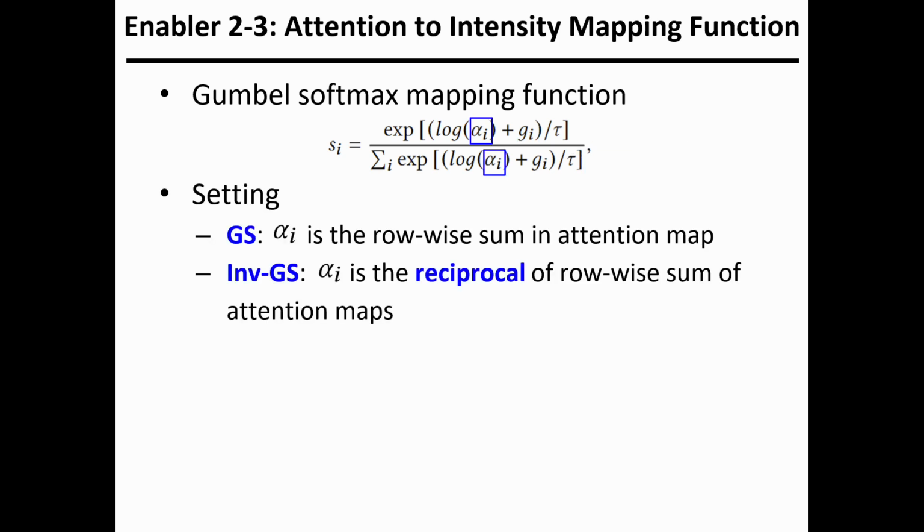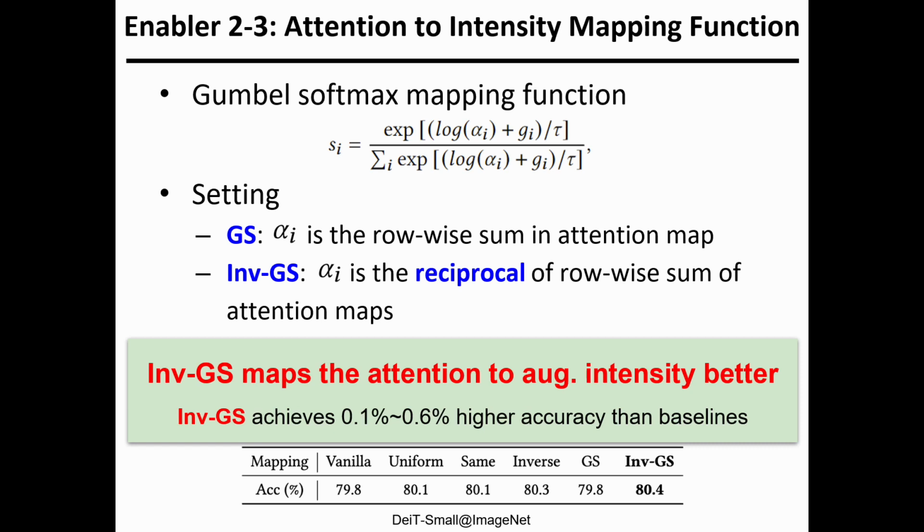We also try 2 different settings following the previous slide, where we try whether we should use high attention for higher intensity or lower intensity. In GS, we have higher augmentation intensity for higher attention, and inverse GS has higher augmentation intensity for lower attention. And we observe that INVGS is the optimal setting we have explored, which can achieve 0.1 to 0.6 higher accuracy than existing baselines.